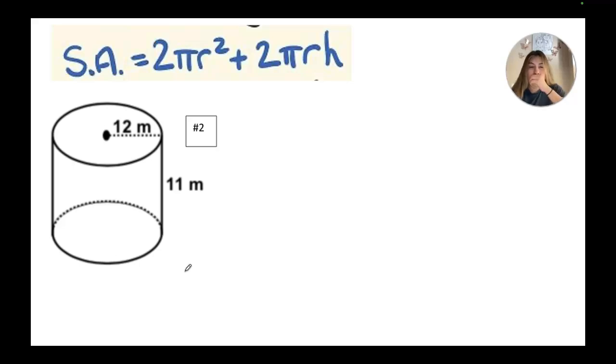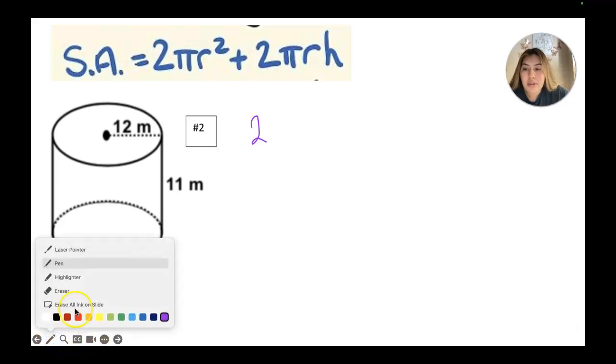Next, we will be solving the total surface area. Here I have the formula: 2 times pi times radius squared plus 2 times pi times radius times height. Let me change my color real quick.